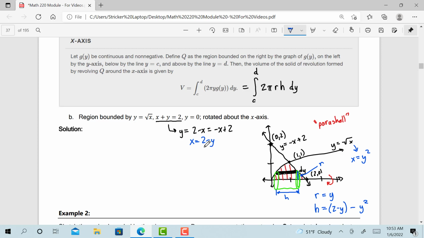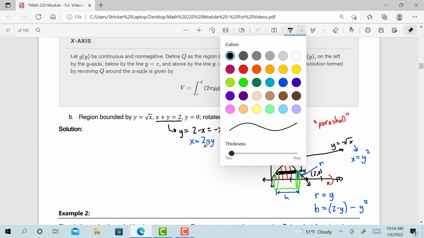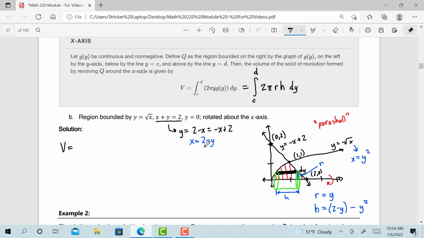And so our volume, using shell method, integrate from c to d, 2 pi r h dy.